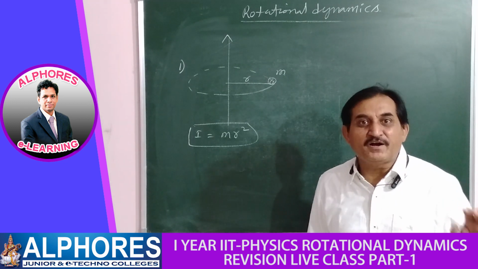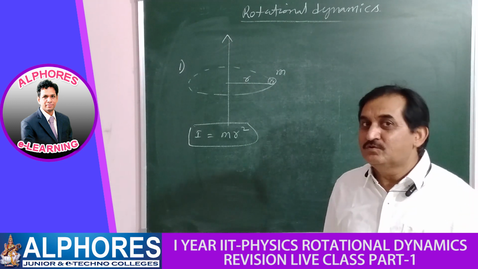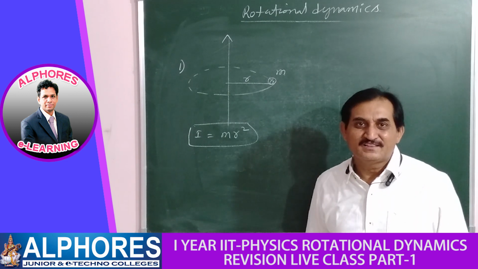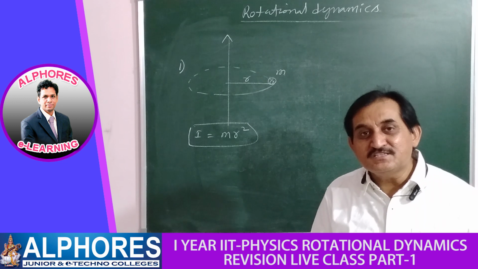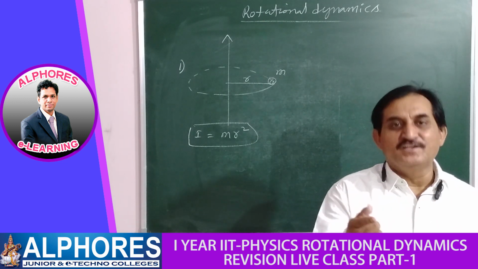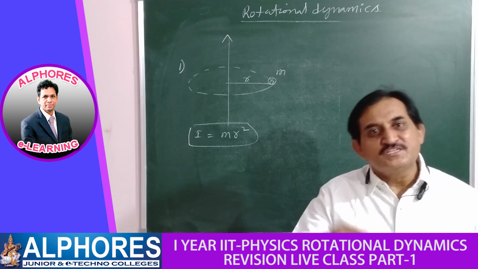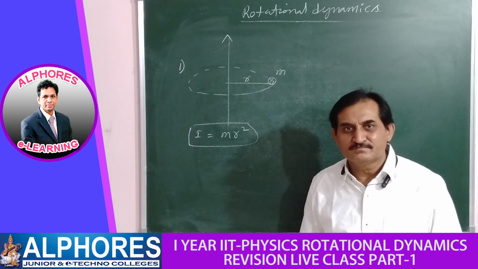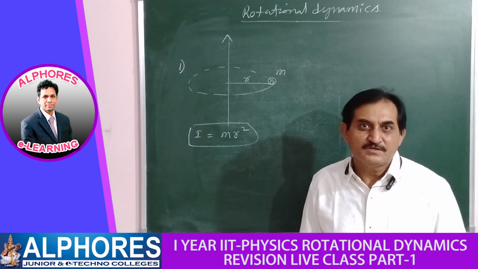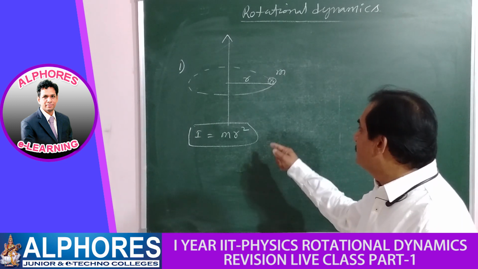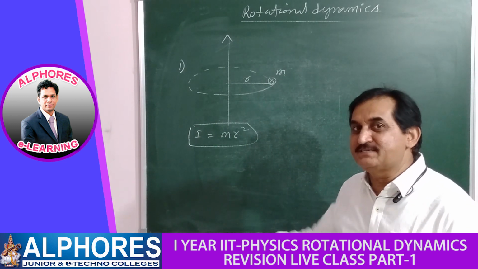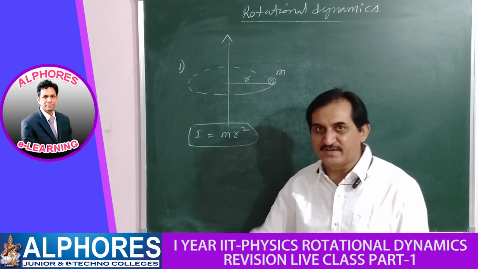Yes, this is the simplest formula. And here the particle, in the sense, has no dimension at all. Dimension in the sense of radius, so its radius is ignored. Such a kind of body, meaning a particle, has moment of inertia by the simplest formula I is equal to m r square.